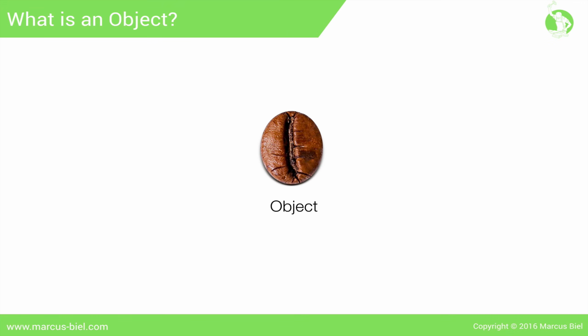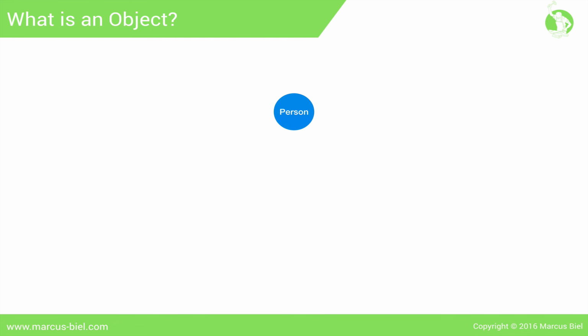But what is an object actually? Often, an object is represented as a single coffee bean. However, that's just a very simplified view. Let's look at this in more detail. Say we have a person object. This person object is composed of other objects.